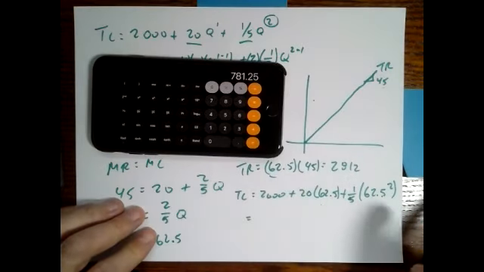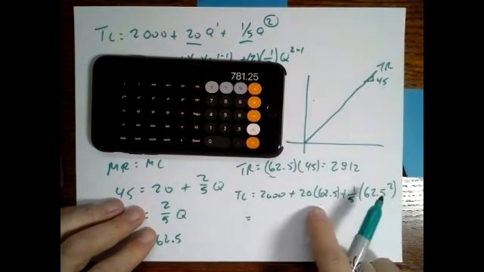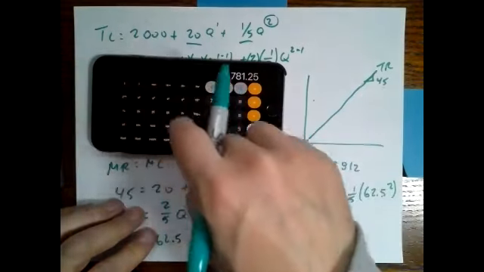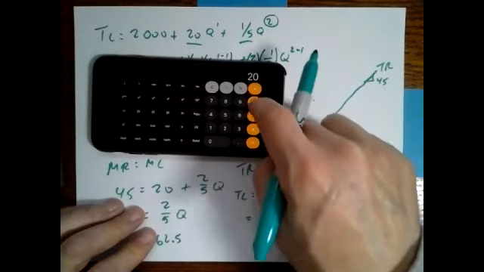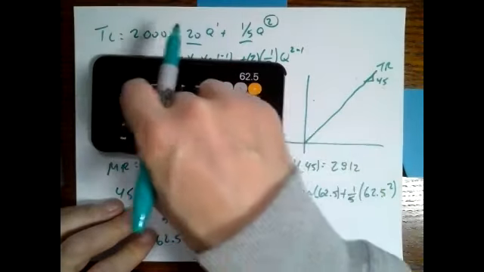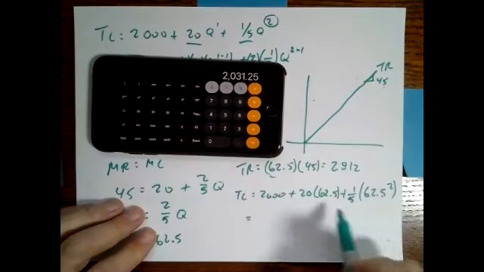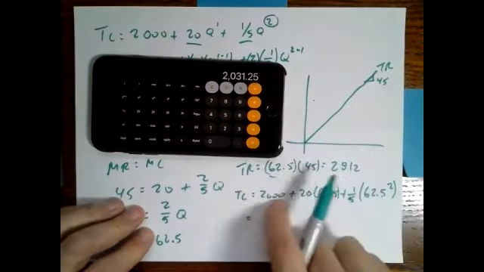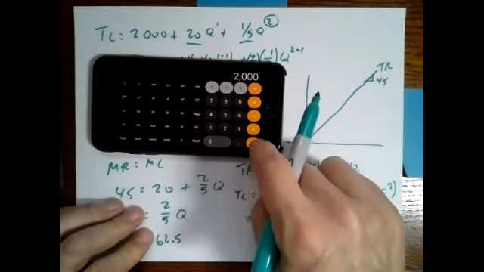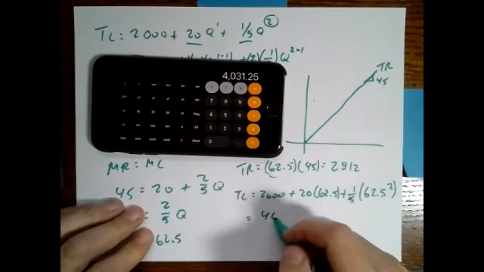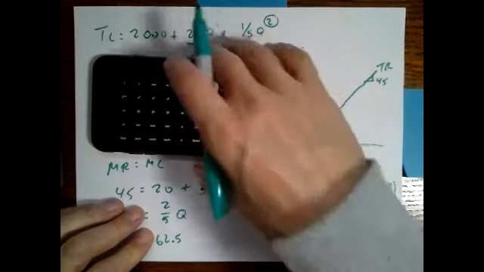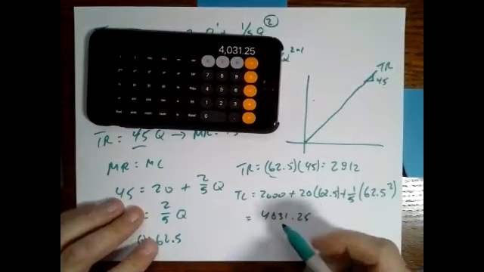So that's 781.25. We're going to add 20 times 62.5. Those added together is 2,031. And then we add the fixed cost of 2,000, and we get 4,031.25.